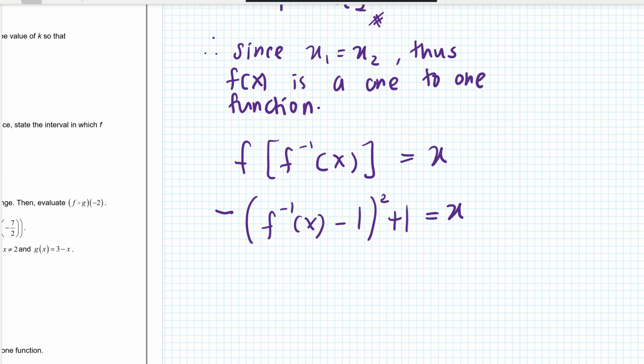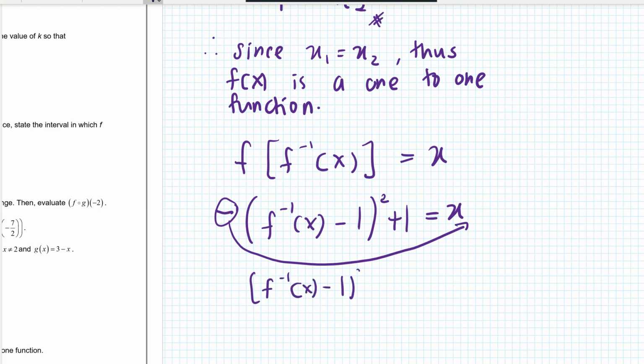We need to arrange this equation so that we can get f inverse. We need to minus 1 first, so we have negative (f inverse(x) minus 1) squared equals x minus 1.